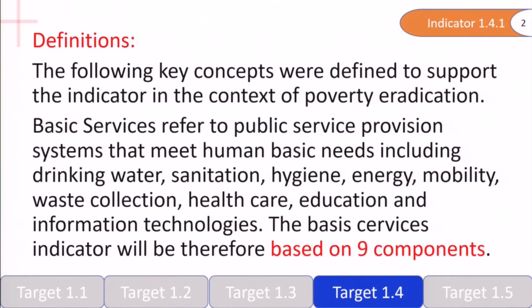The definition is: basic services refer to the public service provision systems which meet human basic needs like drinking water availability, sanitation, hygiene, mobility, transportation services, the type of waste management system and waste collection system available, healthcare facilities, primary healthcare, education, and the availability of information technology.